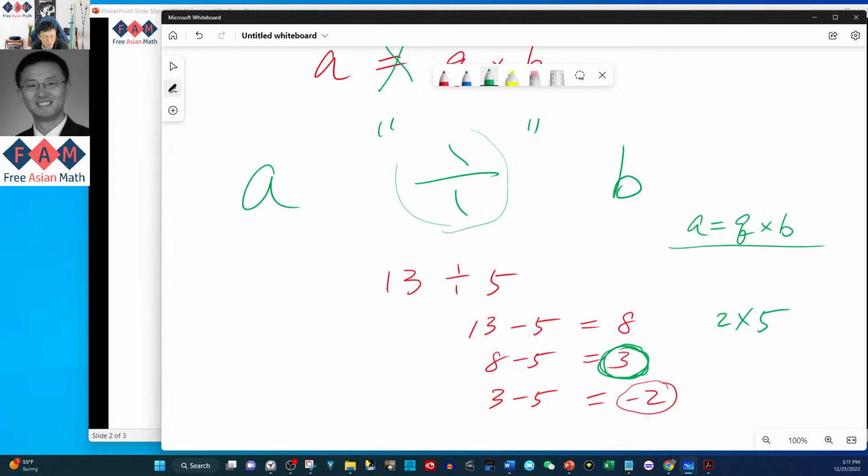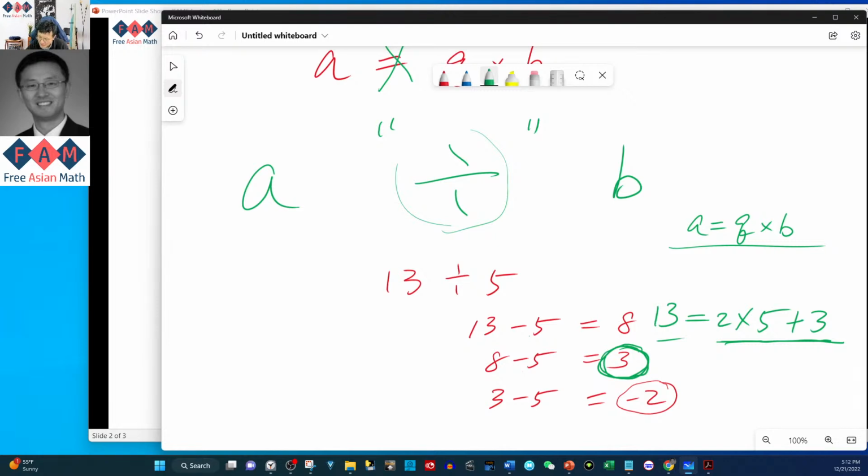And we actually call this 3 the remainder. So 2 times 5 plus 3 equals our original number 13. So now we know 13 can be represented as 2 times 5 plus 3. Agree?